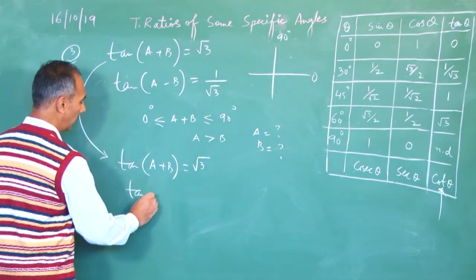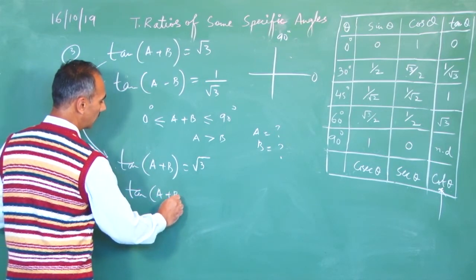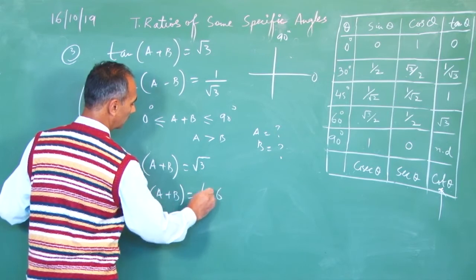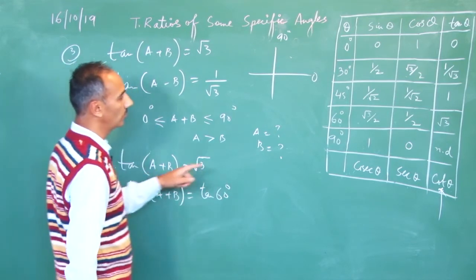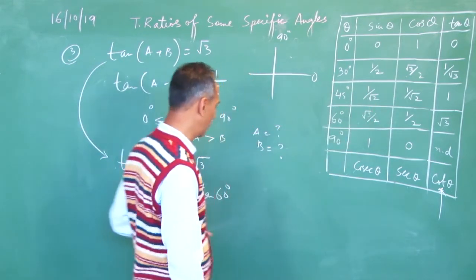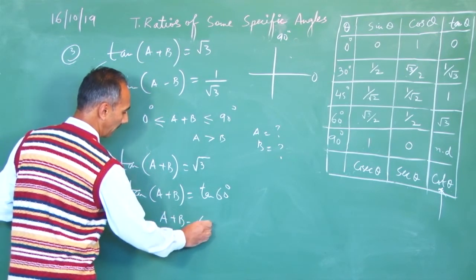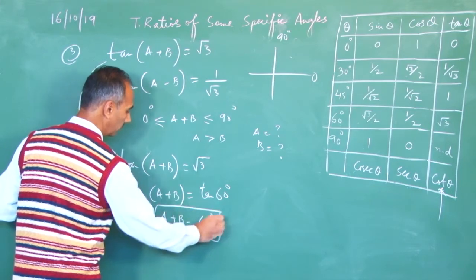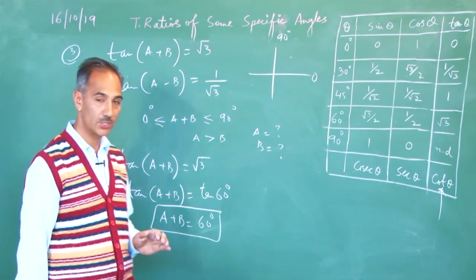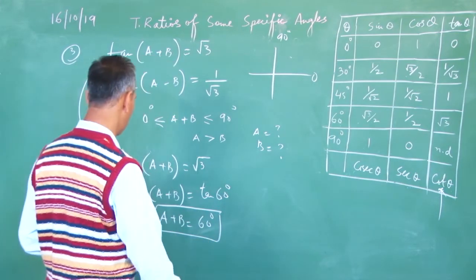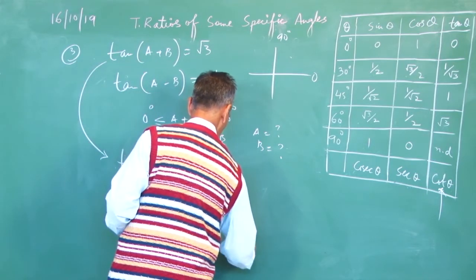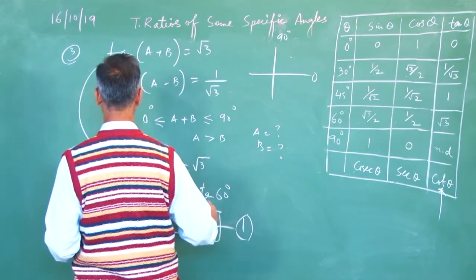So tan of A plus B is tan of 60, because square root 3 is 60 for tan. That means A plus B is 60. This is equation 1. If tan A plus B is tan 60, so A plus B has to be 60.